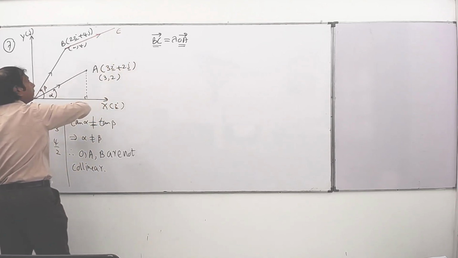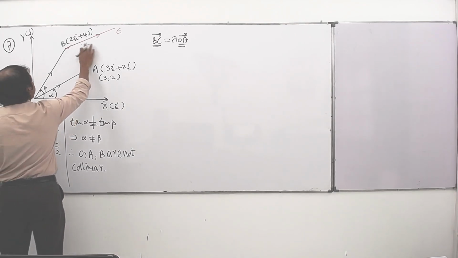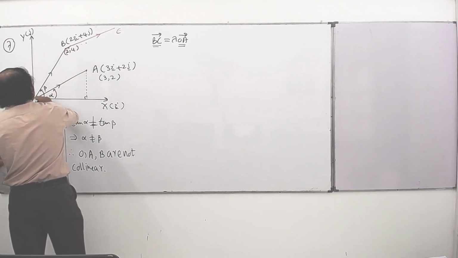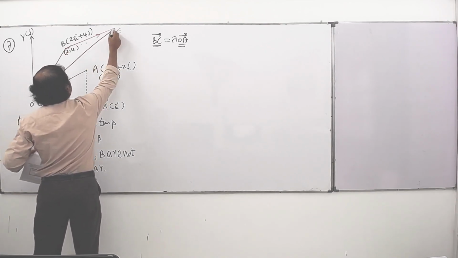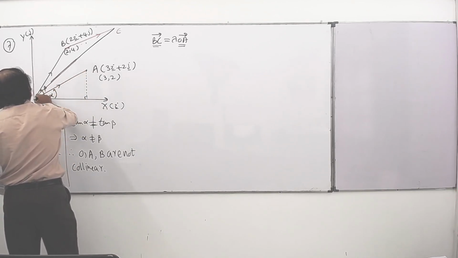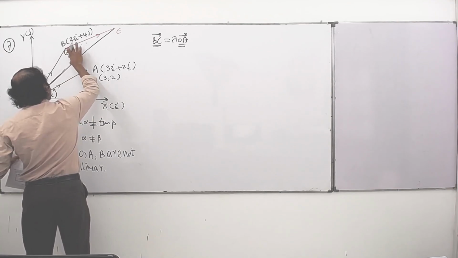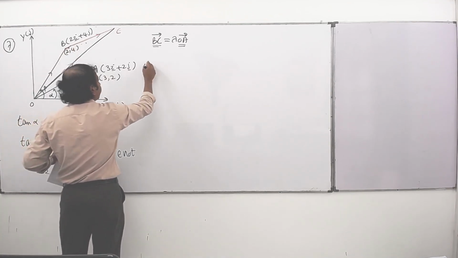Right? Asking what? Find vector OC. This vector only we need to find. How to write OC?